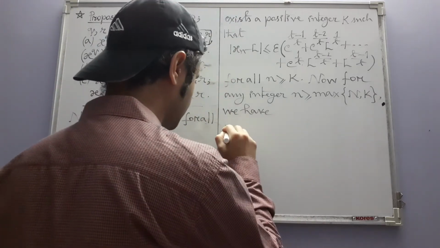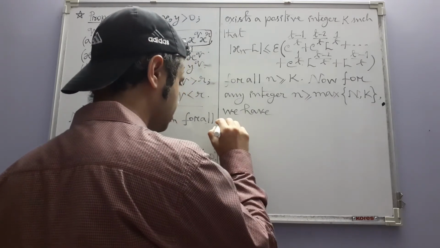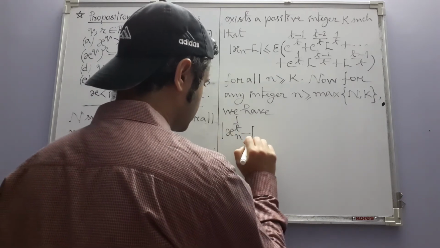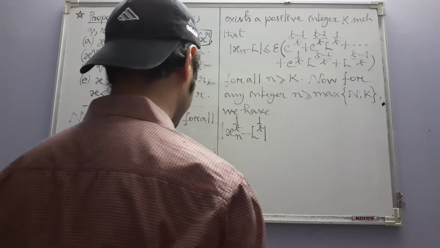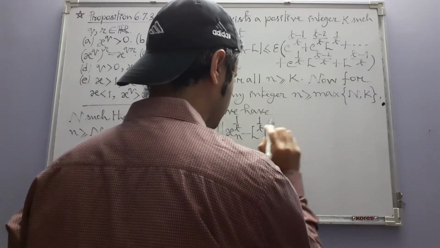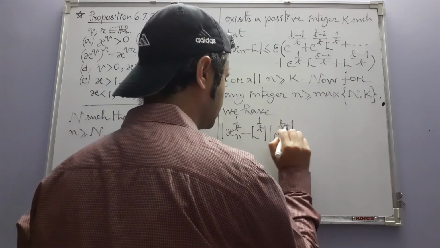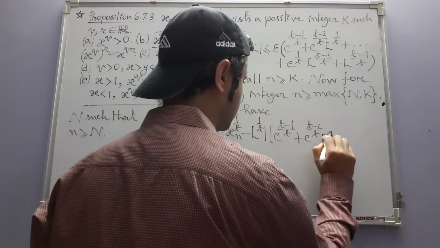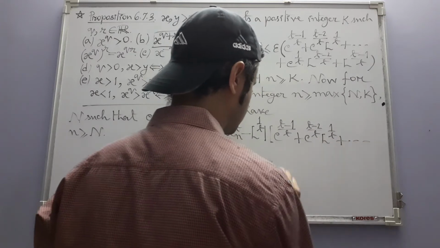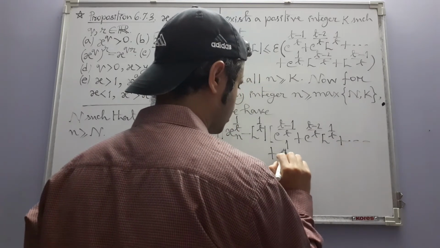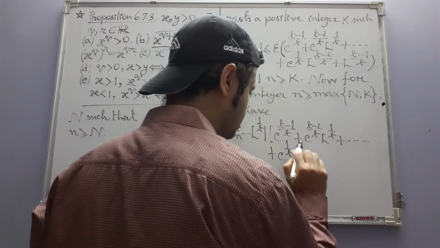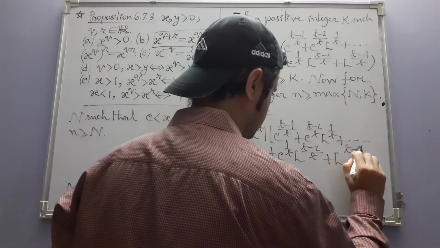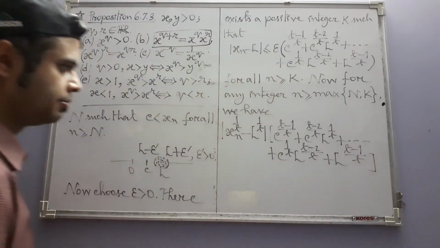Let me start the calculation from here and let's see how neatly we can write. xn to the power 1 over t minus L to the power 1 over t times this thing, c to the power t minus 1 divided by t plus t minus 2 divided by t times L to the power 1 over t plus etc. plus the tth root of c times this t minus 2 divided by t plus L to the power t minus 1 divided by t.